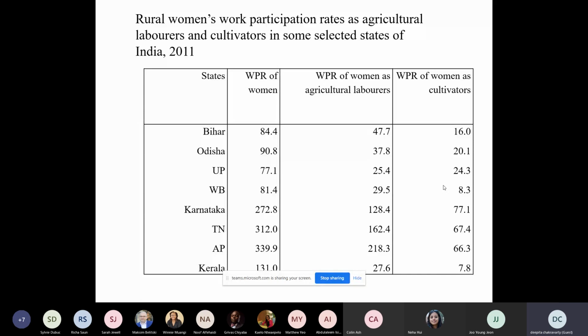So there is a possibility that because of this prevalent culture over a very long period of time, women can be looked at as workers.